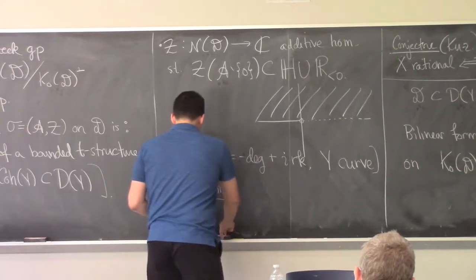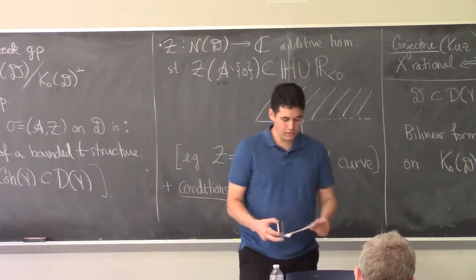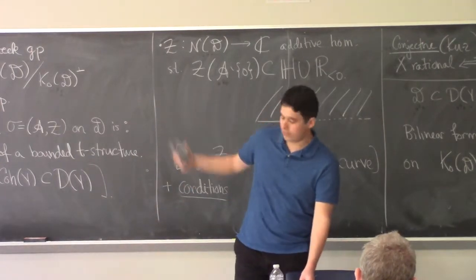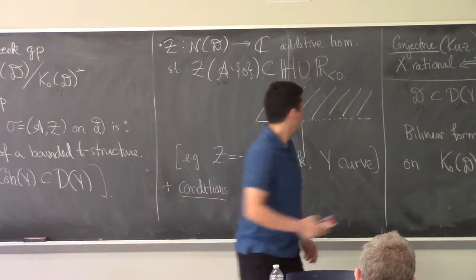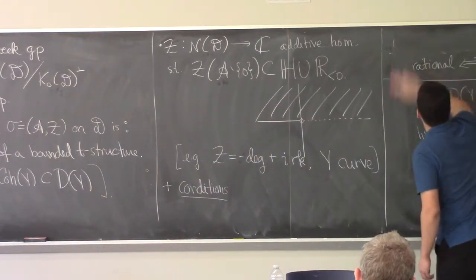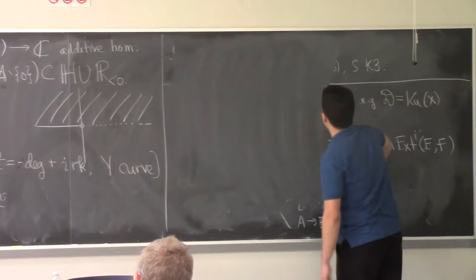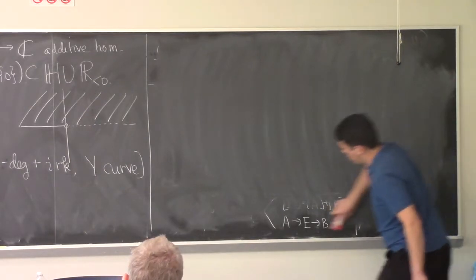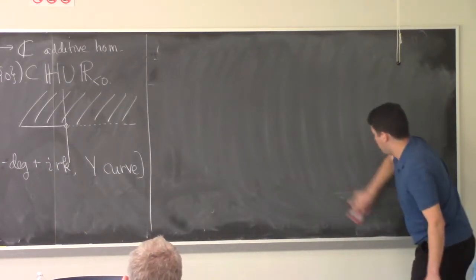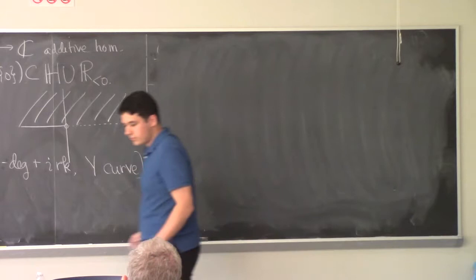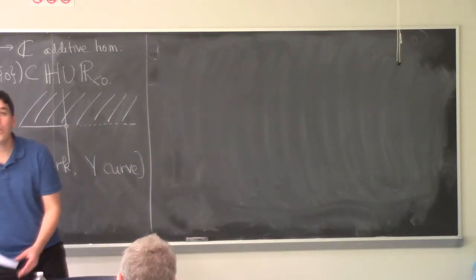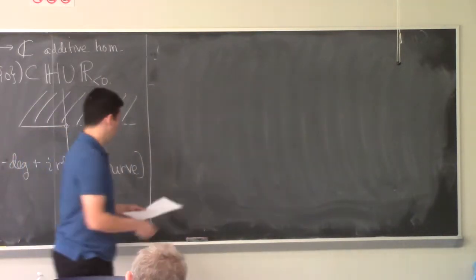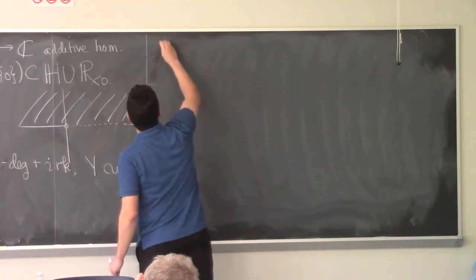Okay, let me tell you the key upshots though. Like what do you get if you have a stability condition? Call these maybe the key points.